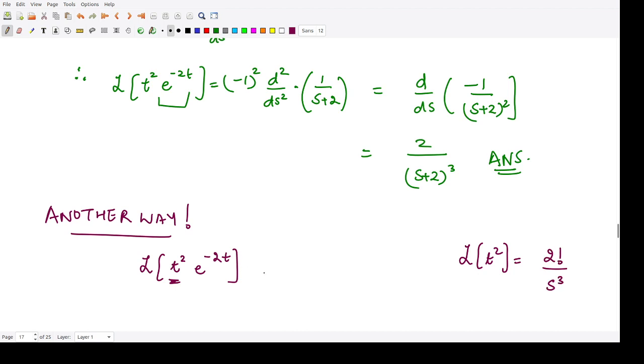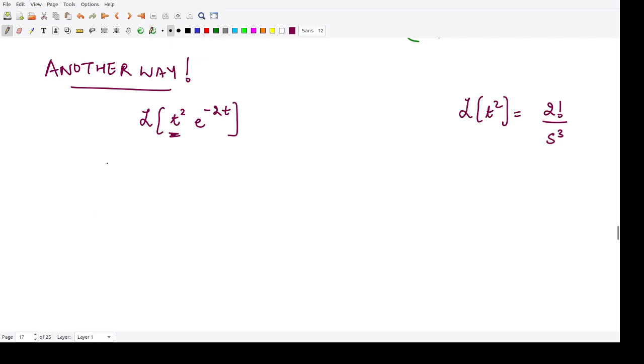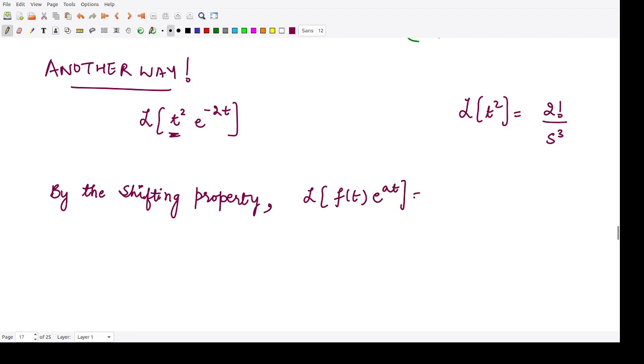By the shifting property, the Laplace transform of some function f of t into e to the power at is nothing but f of s minus a.